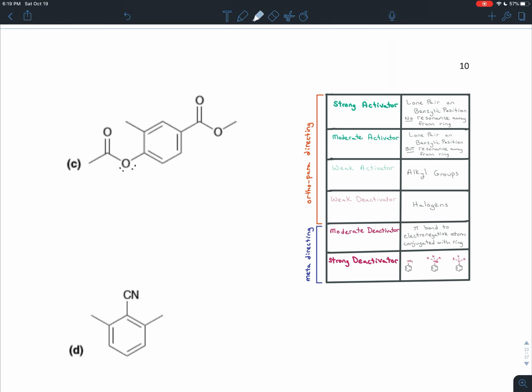So what we have here is benzylic lone pairs. We have a lone pair on the benzylic position. And that is allylic to these pi bonds, so it's going to push electrons into the ring through resonance. At the same time, though, it's allylic to a pi bond away from the ring.